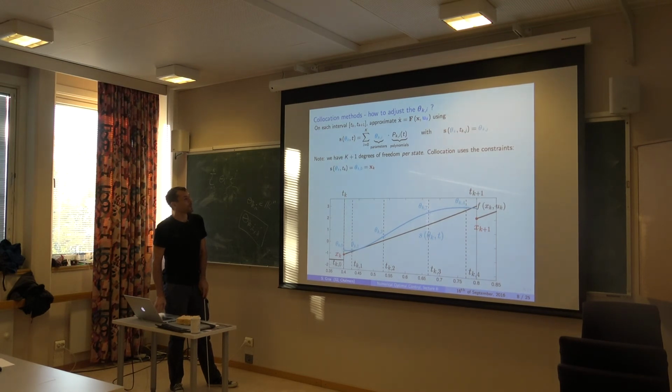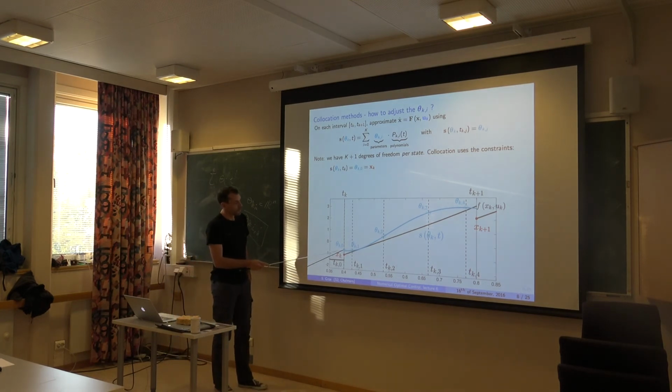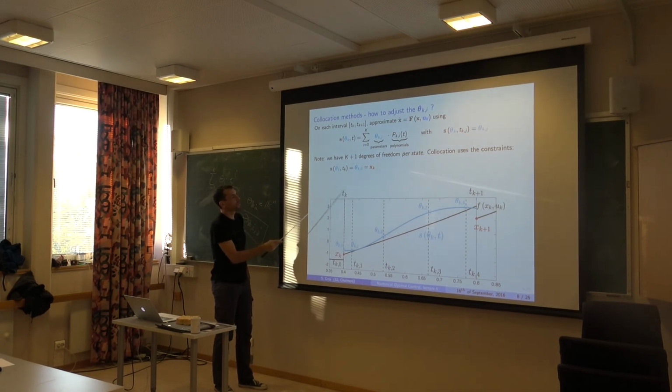And so again, we saw that yesterday, but the way collocation works for doing this, you will basically bring the first point onto the initial conditions. That would make sense, that the polynomial starts here. So this theta k0 should be xk. And that, of course, corresponds to your interpolation at time tk.